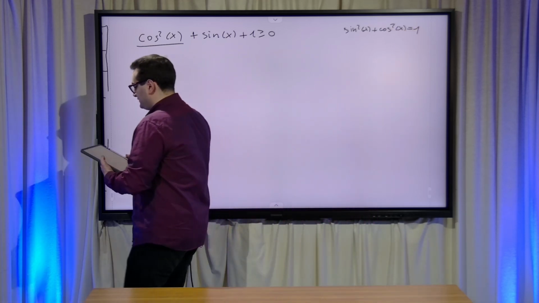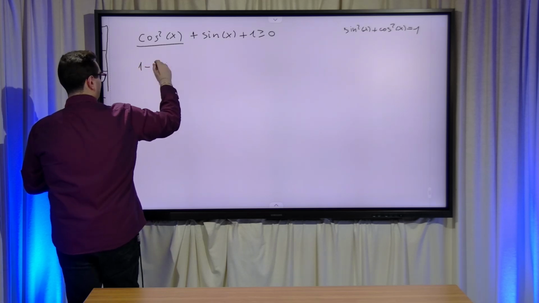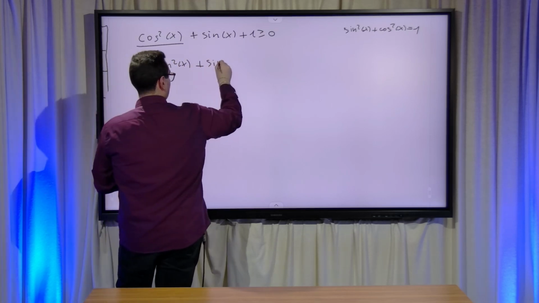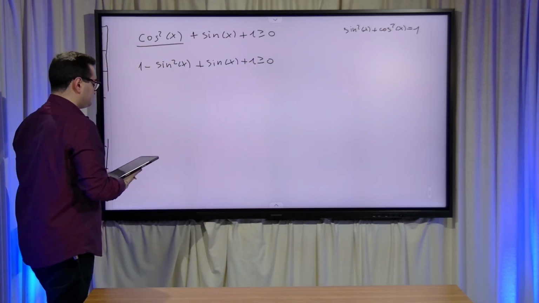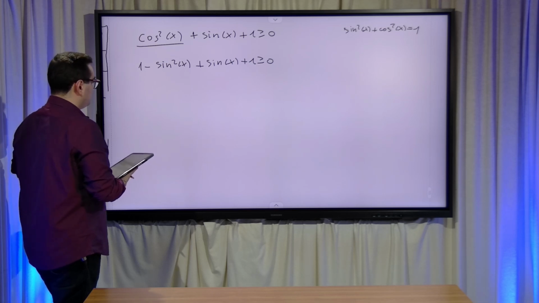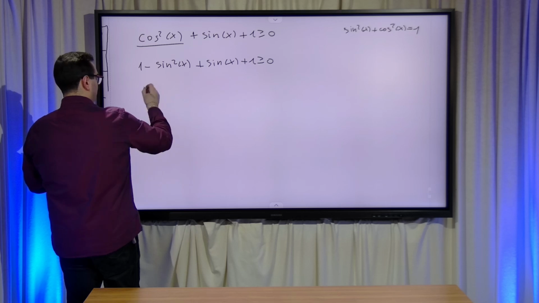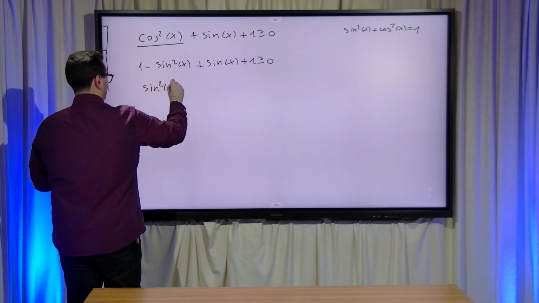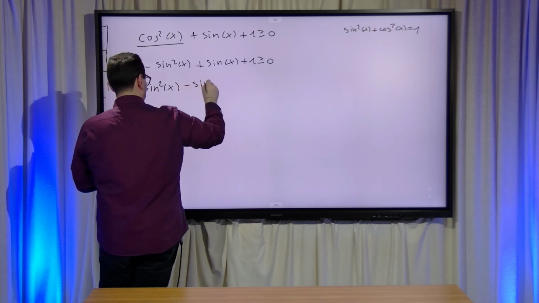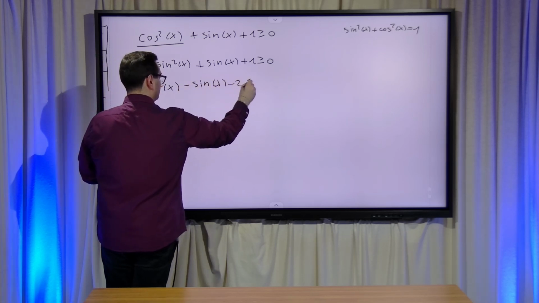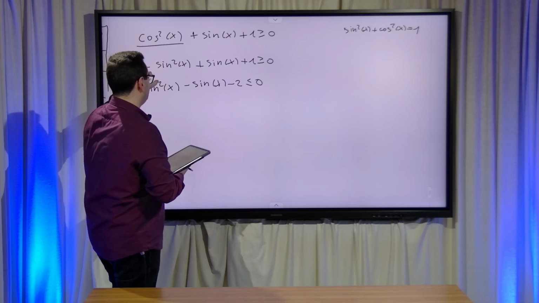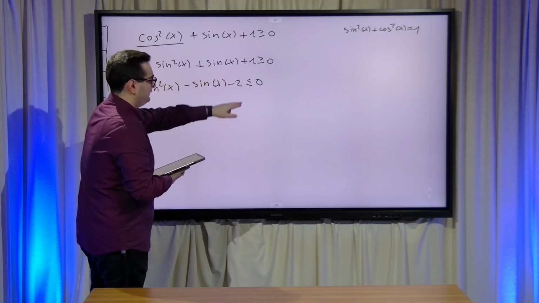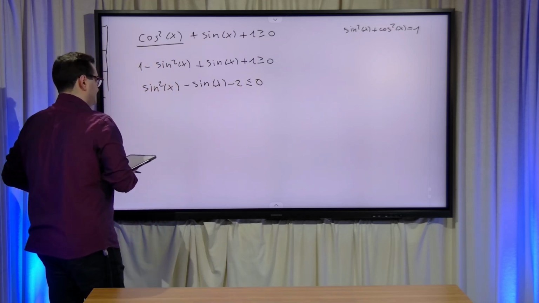So I can write the cosine in this way. I did some math here, so I changed the sign here, summed them together, and changed the inequality sign.